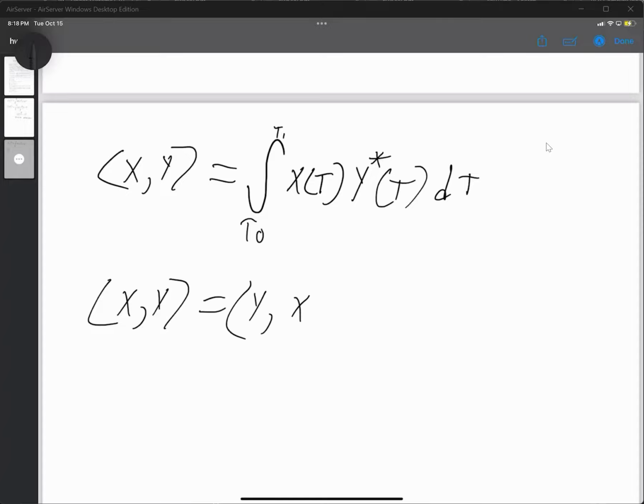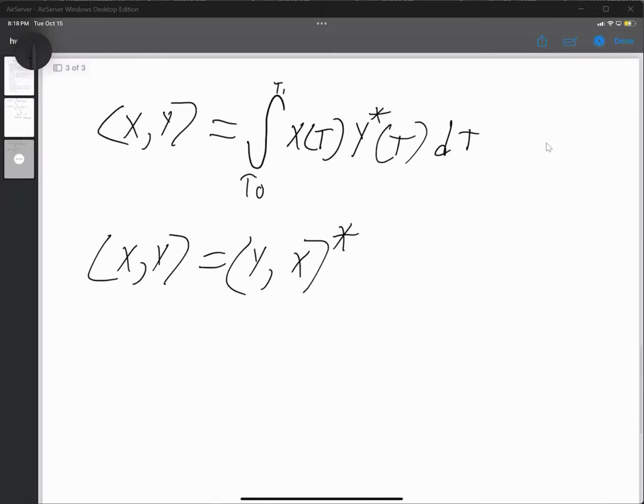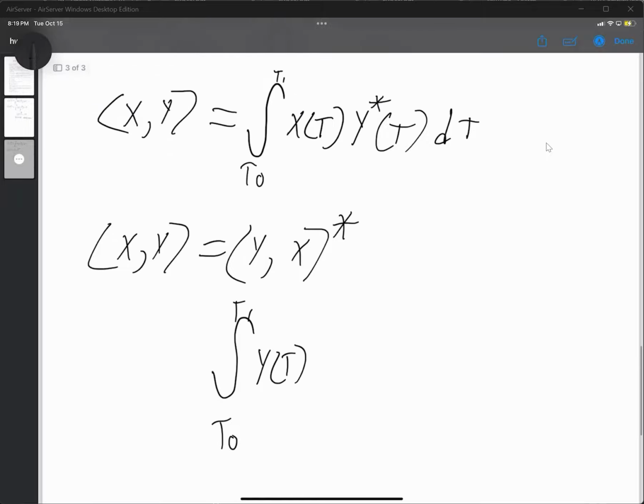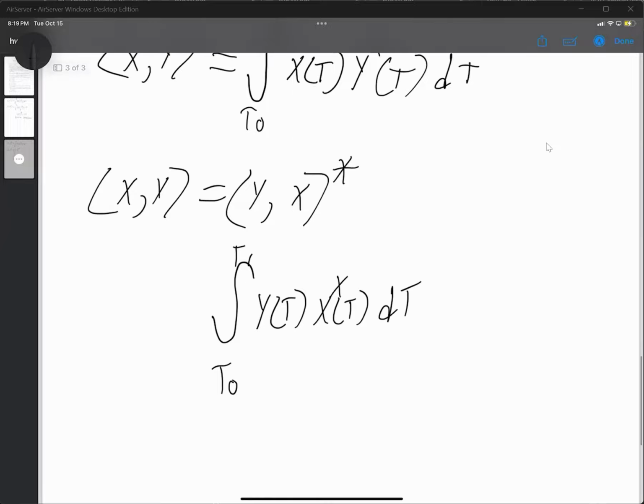So first, let us reverse the expression, where x takes place where y is, and where y takes place where x is, like so. This will be the conjugate now, but then we need to take the conjugate of said thing, which will just apply it into here.